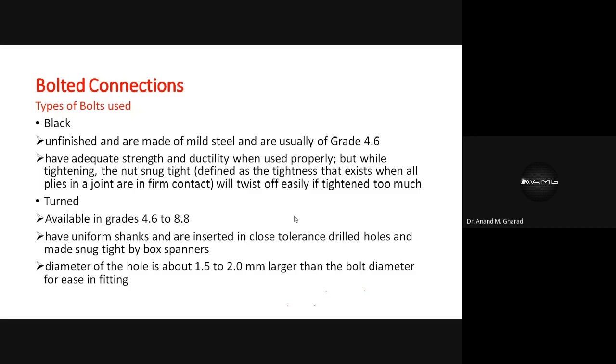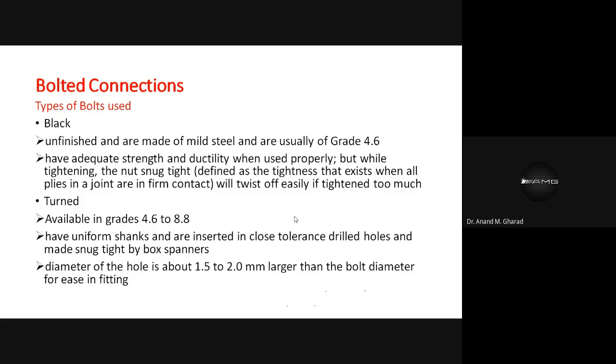What does snug tight mean? It is the tightness that exists when all the plies in the joint are in firm contact. When you tighten the nut, one stage will exist wherein all the nuts, whatever number of nuts you are providing in one connection, are tightened enough, which is known as the snug tight condition.